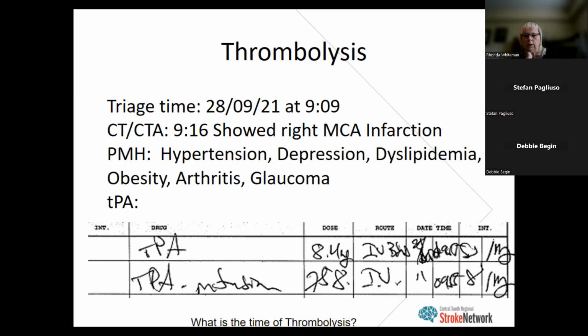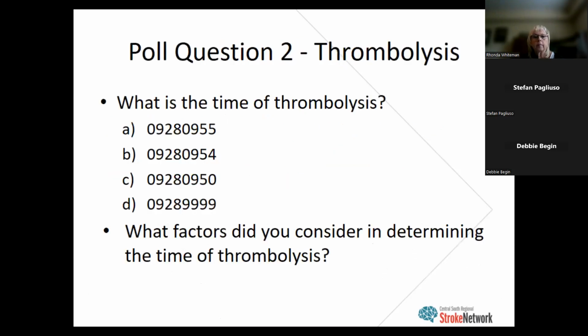Or we know it was on 0928, but we're not sure. Give people a chance to respond.